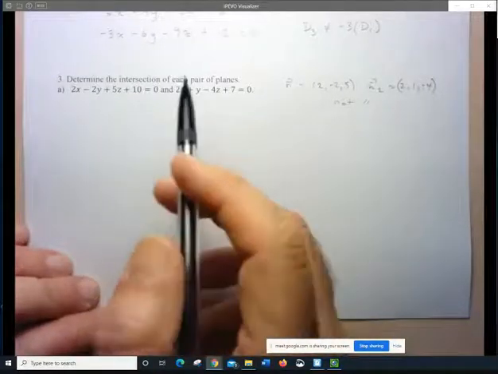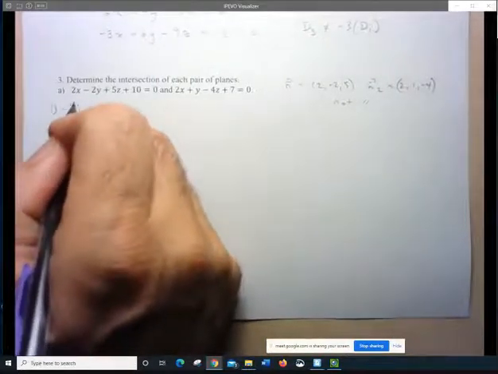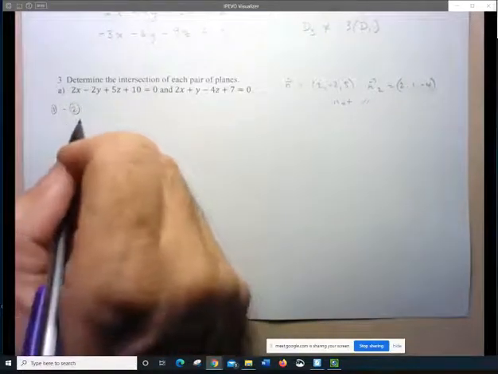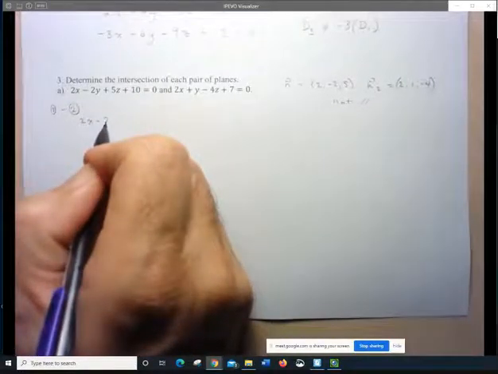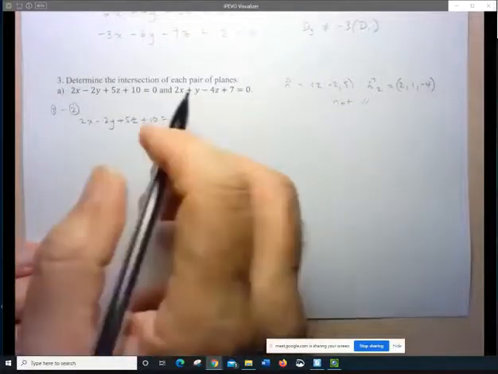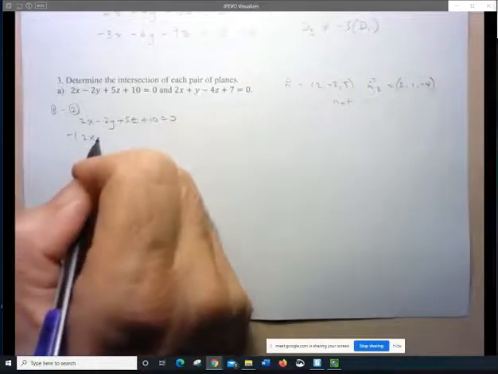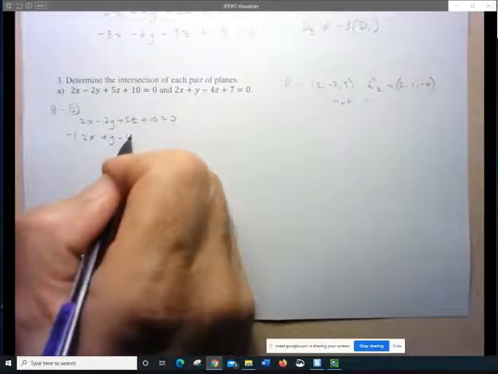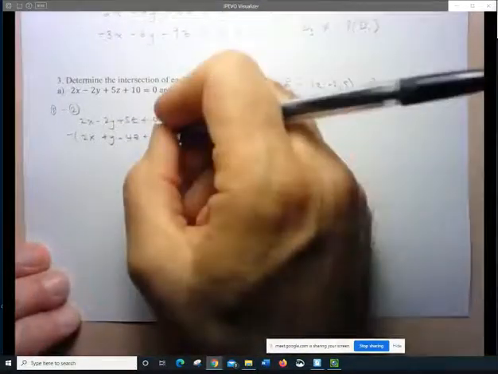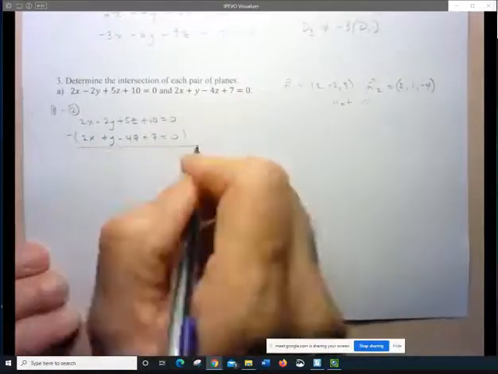Somebody suggested we do the x's, so let's do equation 1 minus equation 2 and see what happens. I'll actually write it out. 2x minus 2y plus 5z plus 10 equals 0, and then minus equation 2, which is 2x plus y minus 4z plus 7 equals 0.